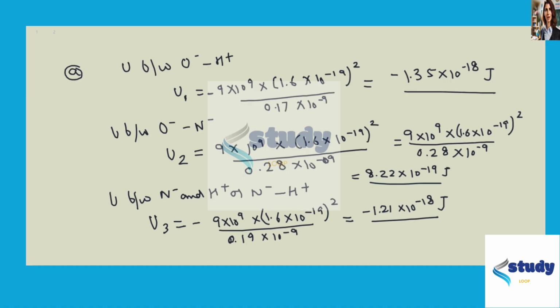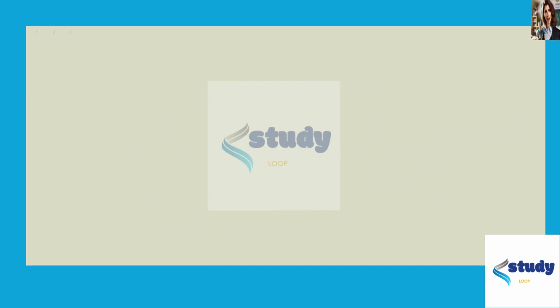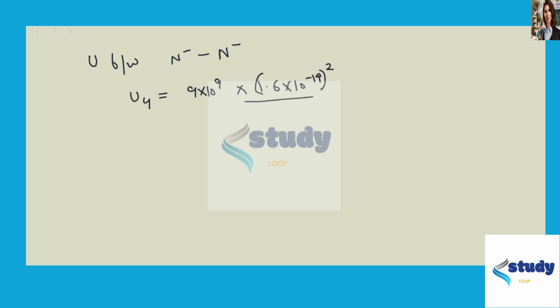Record this value, we will use it. Another one, U4, between N minus and the other N minus, equals 9 times 10 to the power 9 times 1.6 times 10 to the power minus 19 squared, over 0.3 times 10 to the power minus 9 meter.